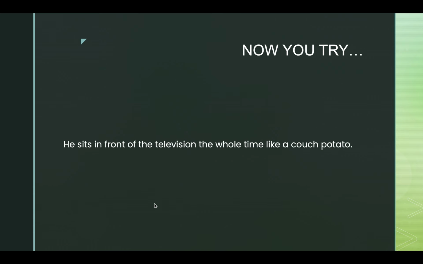He sits in front of the television the whole time like a couch potato. He is a couch potato. Interviews are like battlefields.